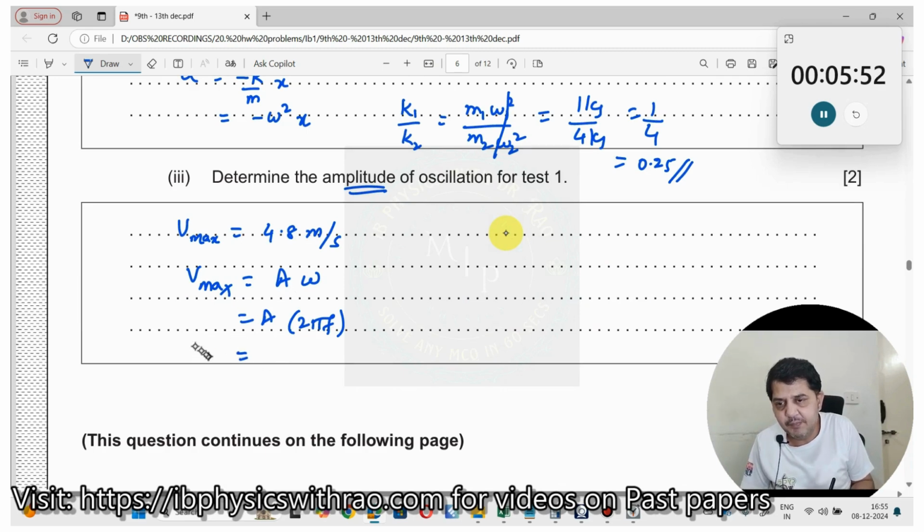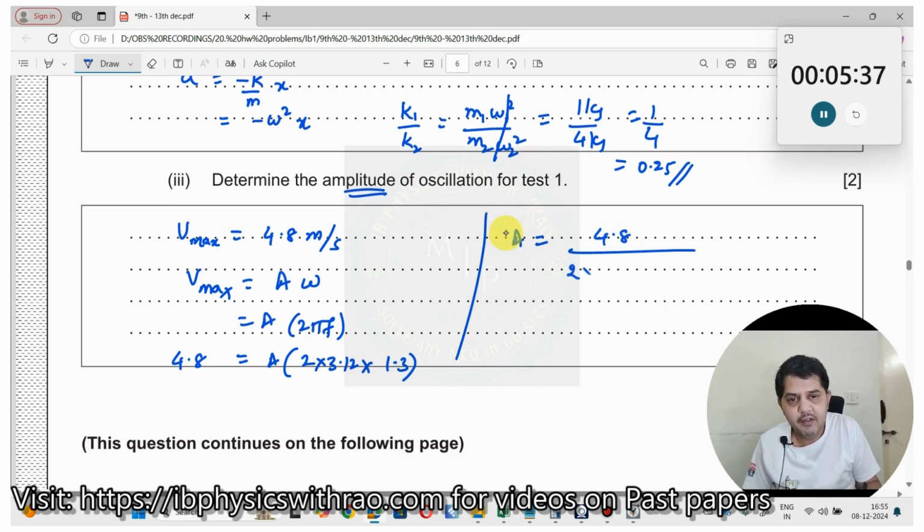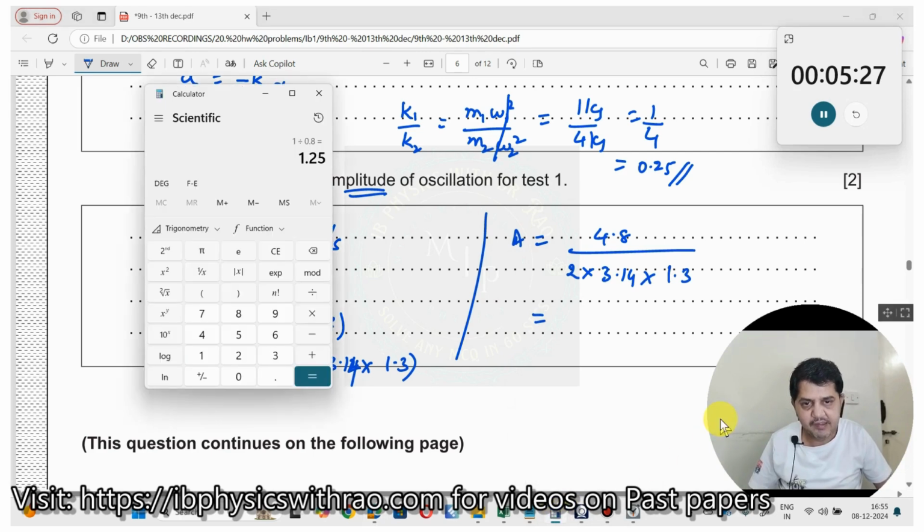So therefore this should be 4.8 is equal to A into 2 into 3.14 multiplied by 1.3, or the value of A here is equal to 4.8 divided by 2, 3.14, sorry, multiplied by 1.3. Now let us do this. What is the value I get?